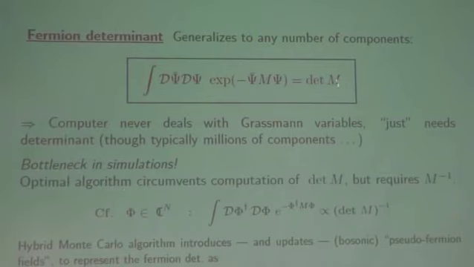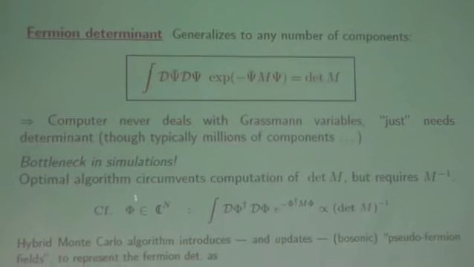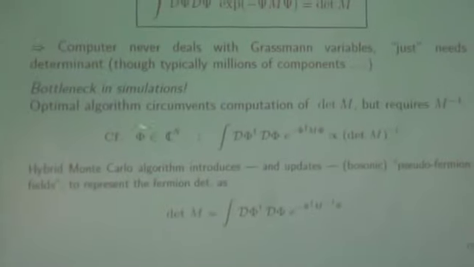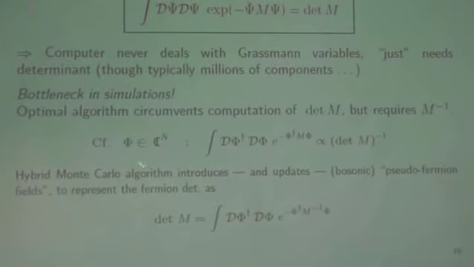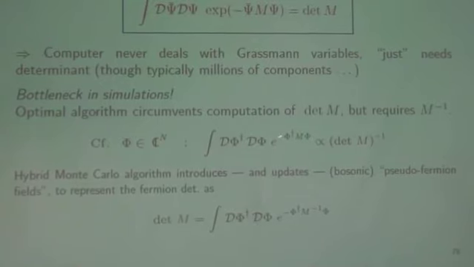Just to mention this without details, the optimal algorithm circumvents the direct computation of the determinant in the following way. One introduces a set of so-called pseudo-fermion fields. Actually, these are multi-component scalar fields. They are auxiliary, and in this form we get an inverse determinant.